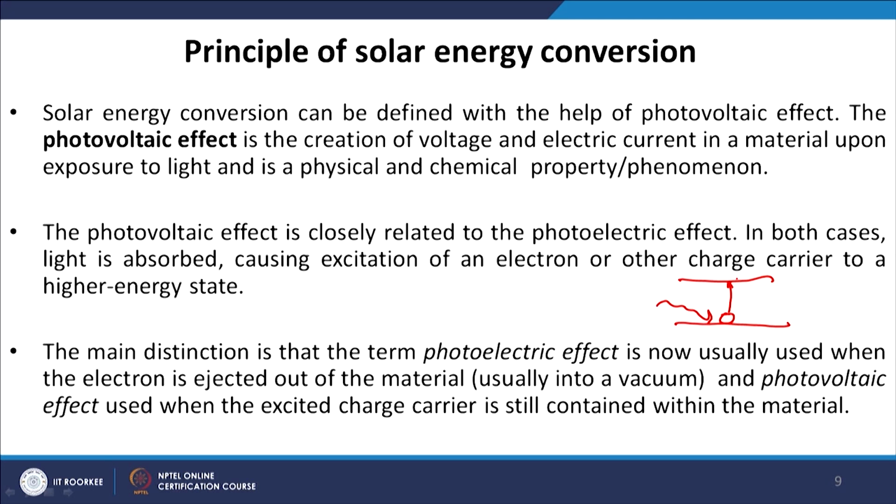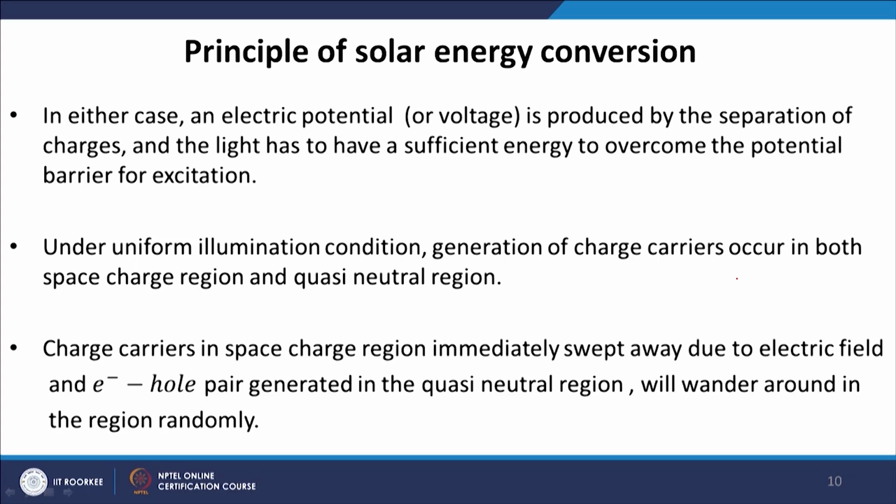So, in the photoelectric effect the electron is ejected outside the material, but in the photovoltaic effect it is ejected inside the material. In either case, an electric potential or voltage is developed by the separation of the charge carriers, and the light has to have sufficient energy to overcome the potential barrier for excitation.